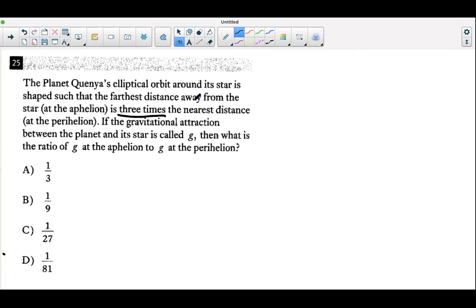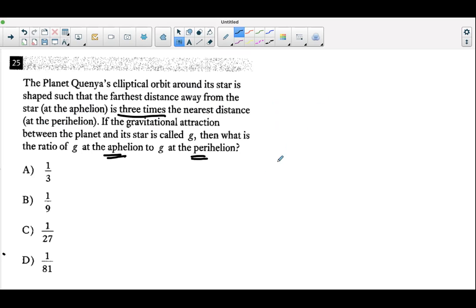If the gravitational attraction between the planet and the star is called G, what is the ratio of the G at this place and G at this place? So then, one is the closest, the other one is the farthest away, isn't it? So what do we end up getting? A is what? Farthest away, and P is the what? Closest.